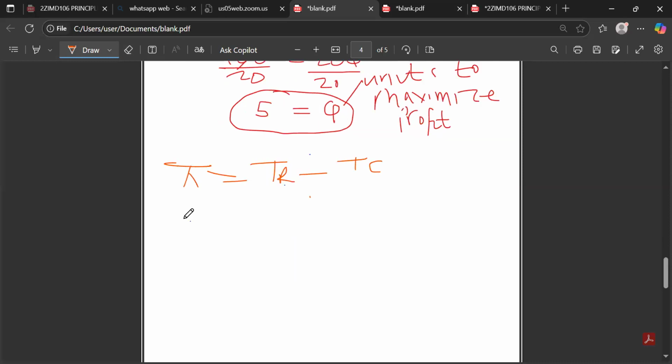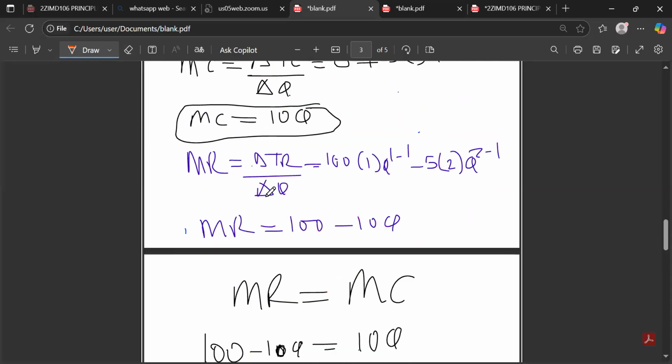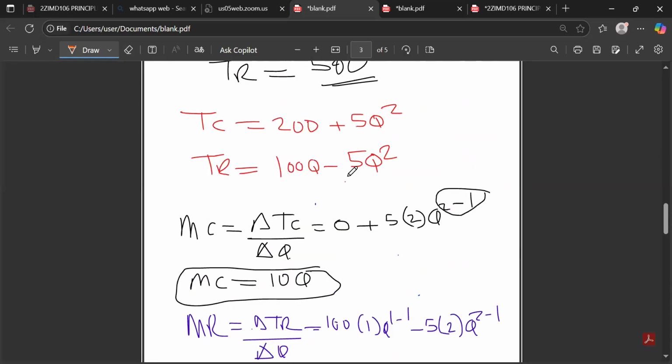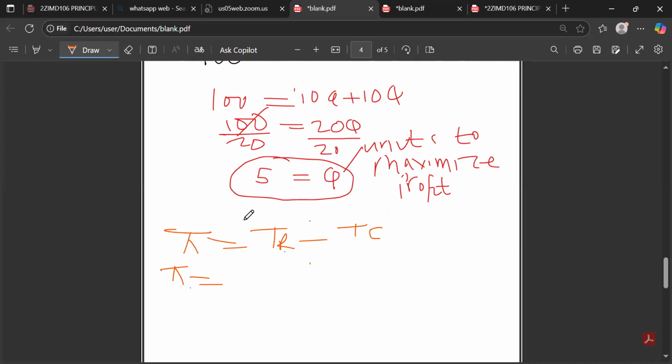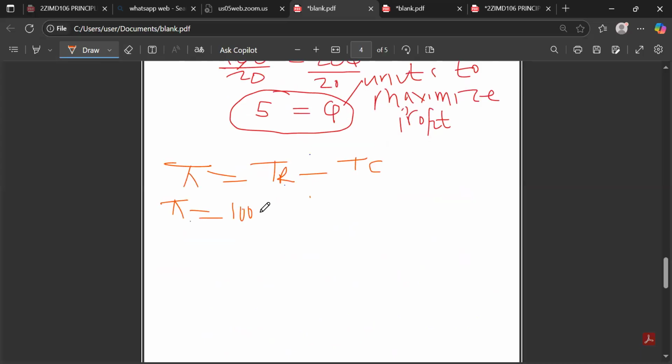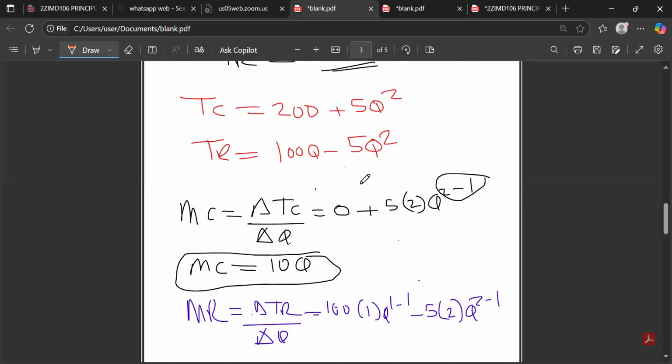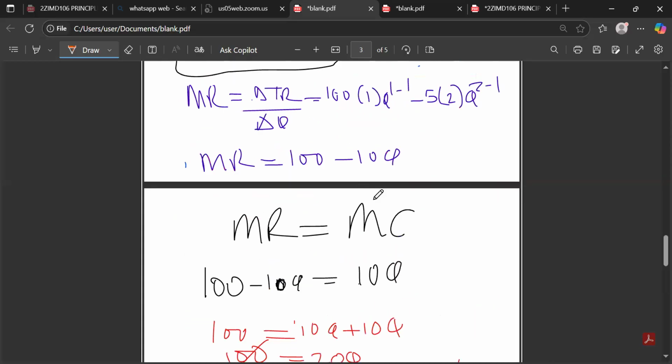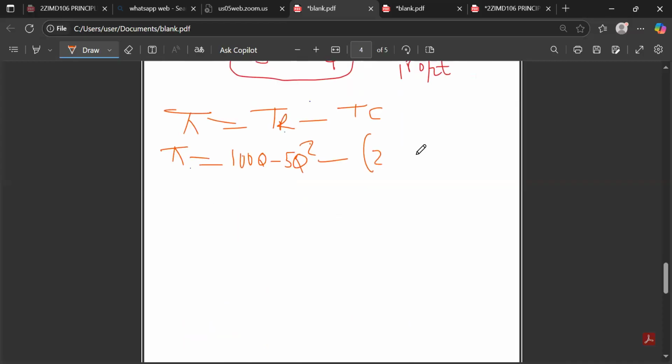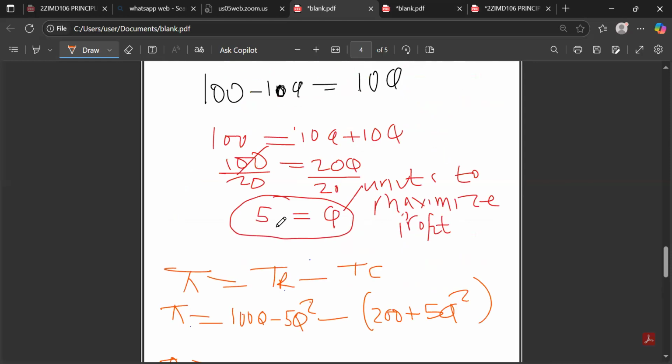So our profit will be equal to our total revenue function, which was 100Q minus 5Q squared, minus the total cost, put it in brackets. The total cost was how much? 200 plus 5Q squared. So we find the profit function and substitute the value of Q as 5 so that you get the actual profit. Is that okay?